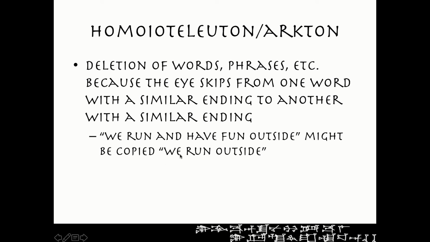And so you would have, we run outside. So if you're a text critic and you see a bunch of manuscripts have this, and then you see one that has this, you might say to yourself, oh, okay, this is a homoioteleuton. We run outside, his eye skipped down here and he deleted these words.